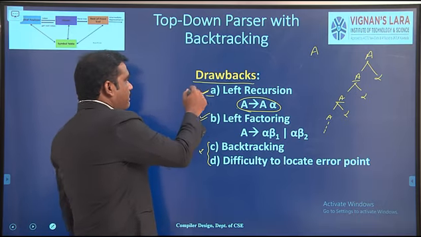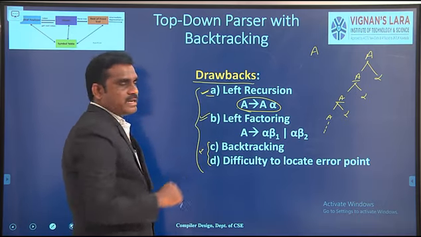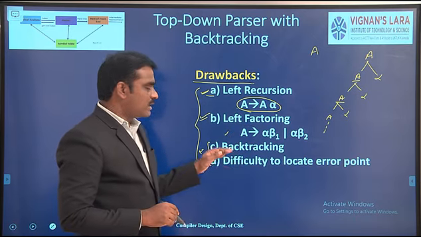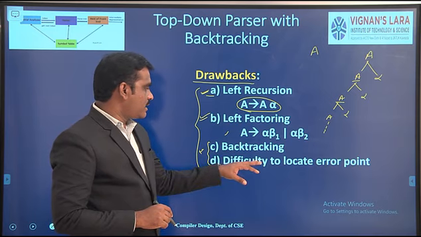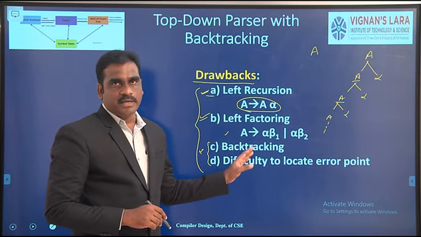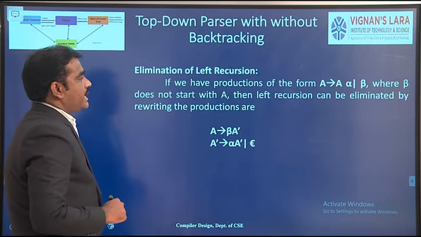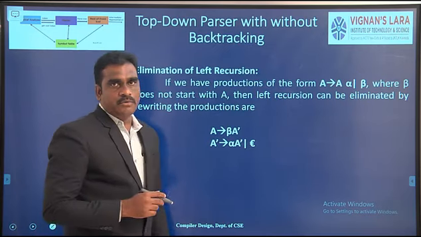So the main drawbacks are these 4. One is left recursion, the second one is left factoring, the third one is backtracking, and the fourth is difficulty to locate the error point. The next one is the top-down parser without backtracking.